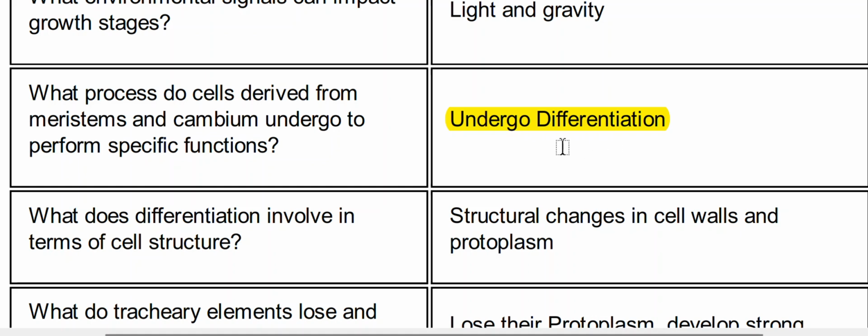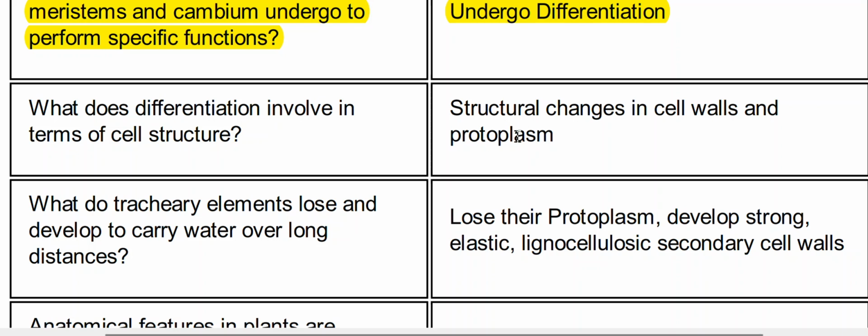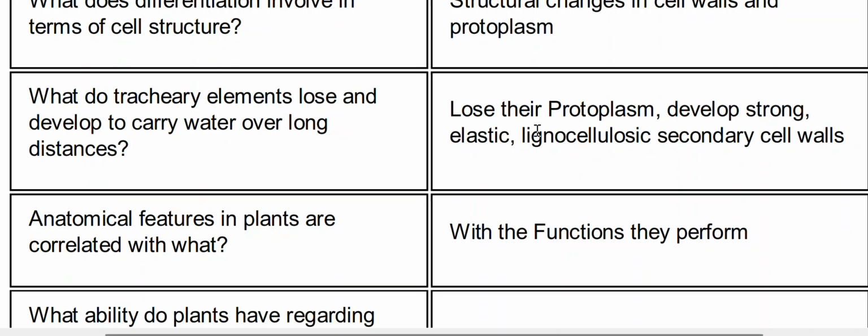Cells derived from meristems and cambium undergo specific functions. That means they undergo differentiation. Differentiation may involve changes in cell structure, such as an increase in protoplasm and changes in the cell wall.